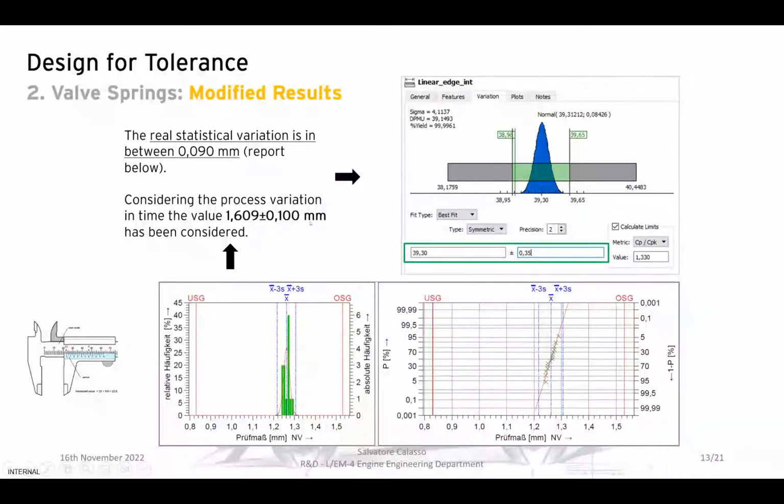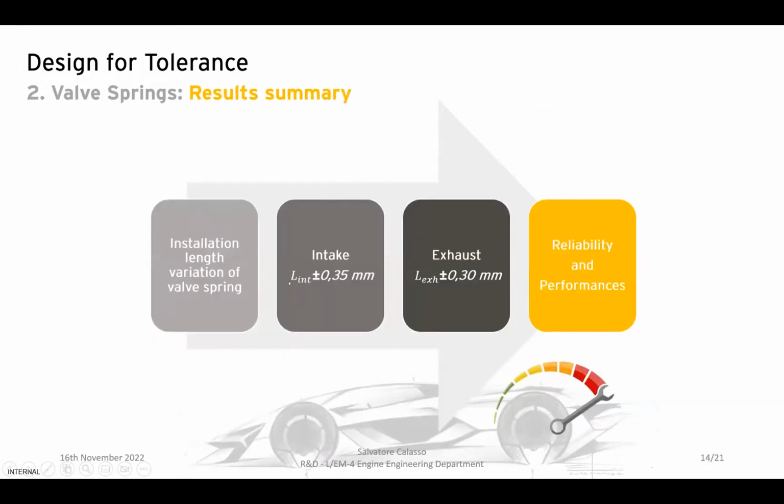But this was a good indication for us, because we understand that we could consider installation length variation in plus minus 0.35 millimeter for the intake side, and in plus minus 0.30 millimeter for the exhaust side.